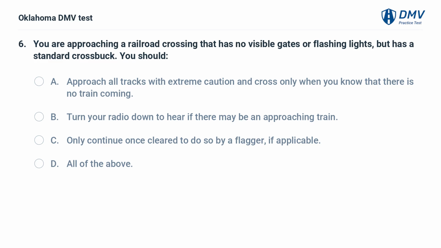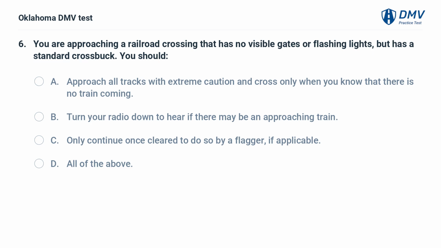You are approaching a railroad crossing that has no visible gates or flashing lights, but has a standard crossbuck. You should A. Approach all tracks with extreme caution and cross only when you know that there is no train coming. B. Turn your radio down to hear if there may be an approaching train.